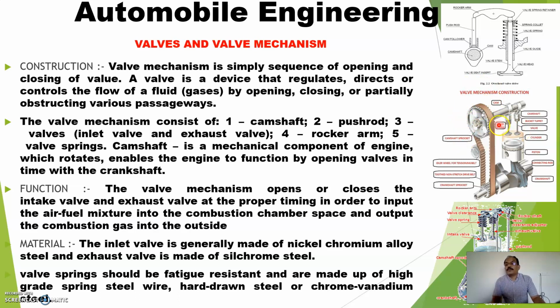The inlet valve must open at the end of the exhaust, and the exhaust valve in the next cycle must open at the end of the expansion, when there is an exhaust stroke. So it should operate in proper timing. That's why this timing belt is installed. This is totally called the valve mechanism.